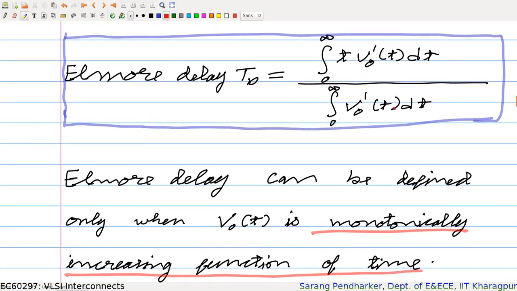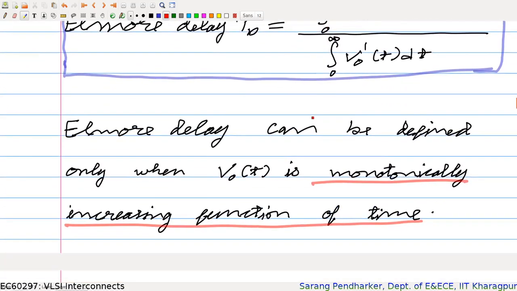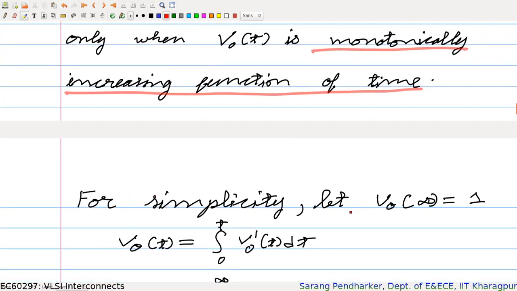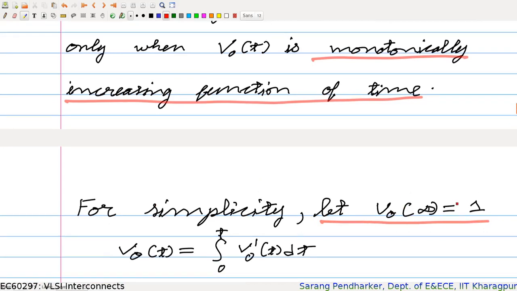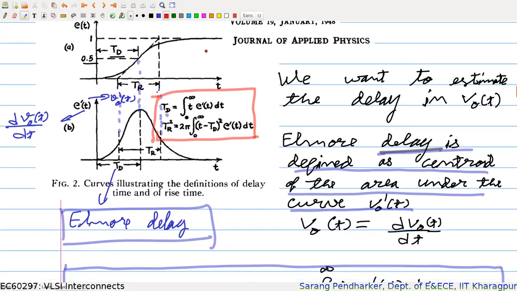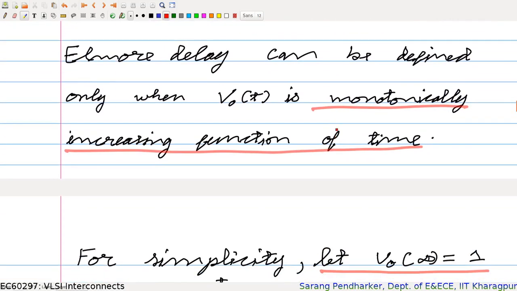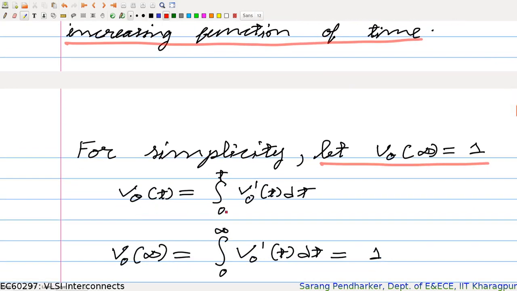So with this definition, let us simplify this. We can simplify this further by just assuming that your final output voltage, so V out of infinity, is equal to 1. So the final value which this reaches is 1. So that would eliminate the integral in the denominator. Why? Because your V out of t is integral 0 to t of V out prime t dt.